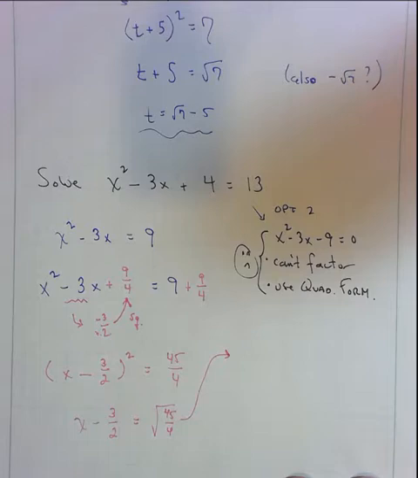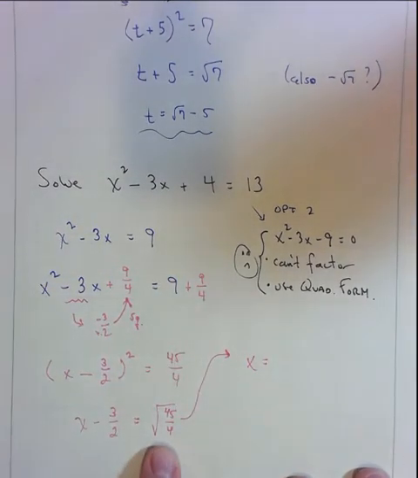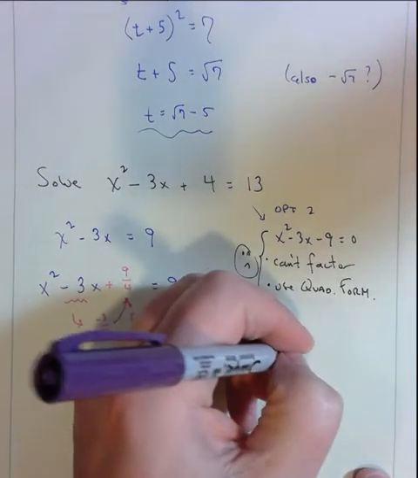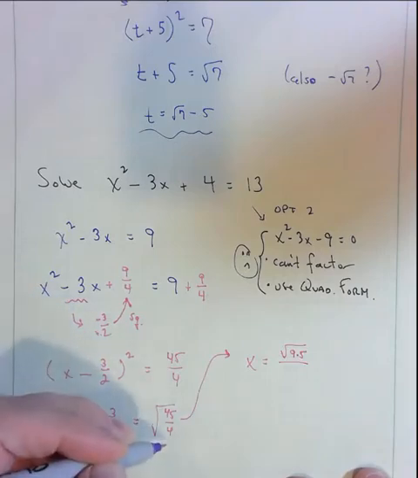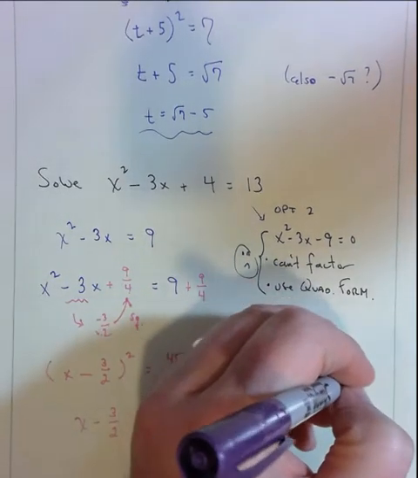And now some tidying. This particular expression, the square root of 45 is the square root of 9 times 5. The square root of 4 on the bottom is 2, and I'm adding 3 halves from the left side to the right.